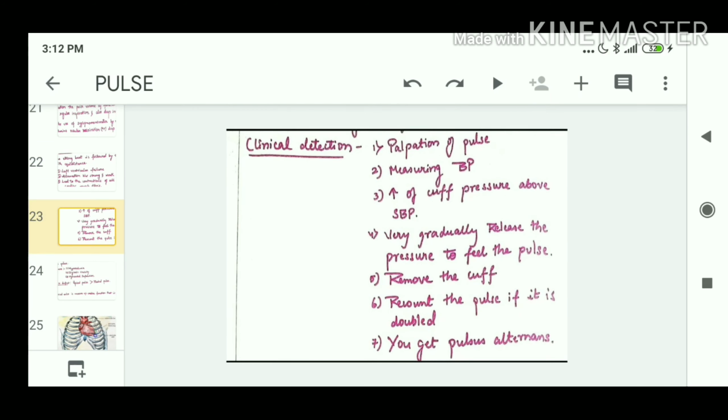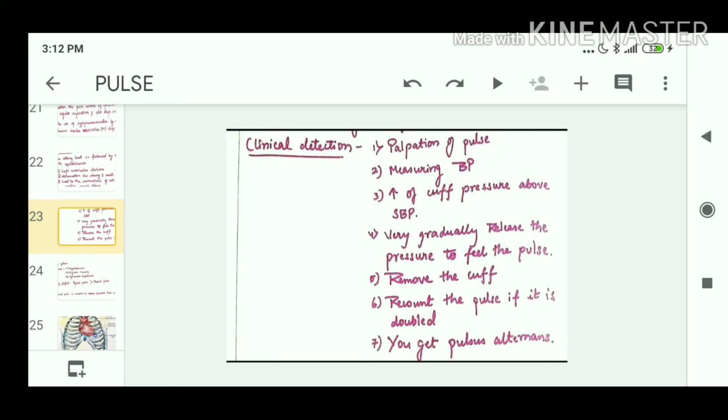Now, how can you clinically detect it? That is by palpation of the pulse, then measuring the blood pressure, and increasing the cuff pressure above systolic blood pressure. And then what will you do? Very gradually release the pressure to feel the pulse. Then remove the cuff, okay? And then recount the pulse.